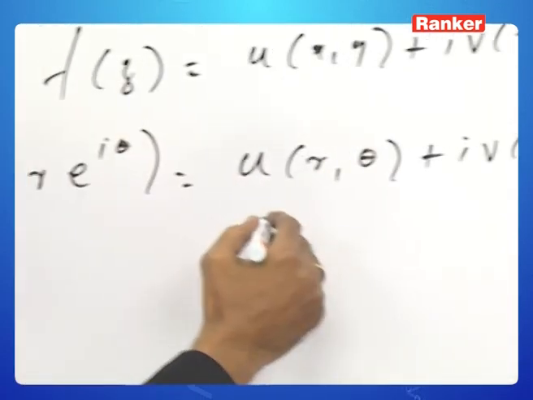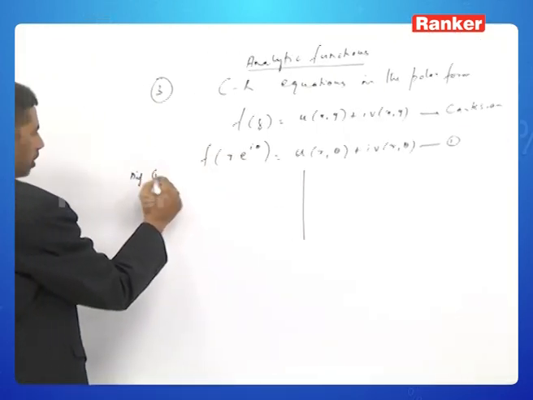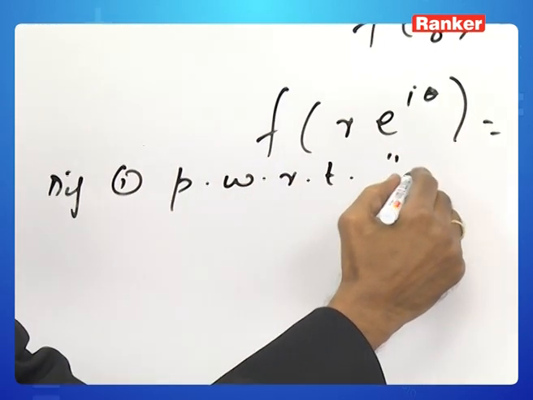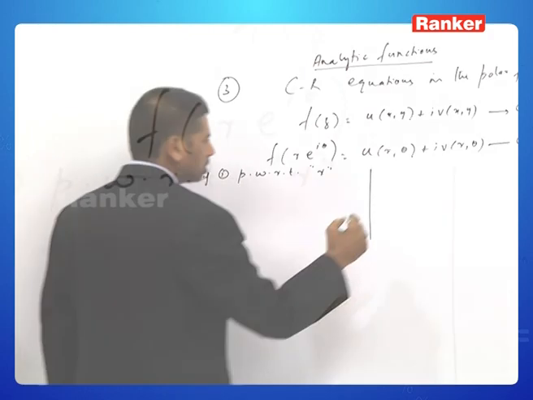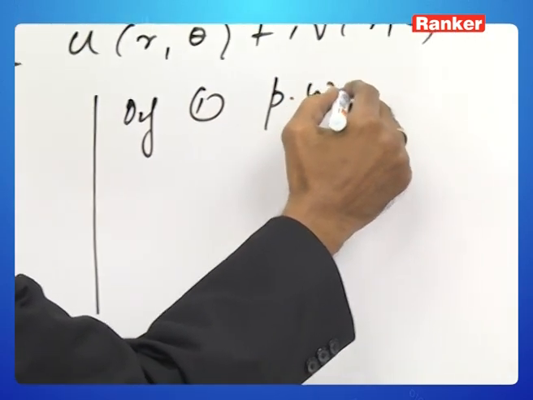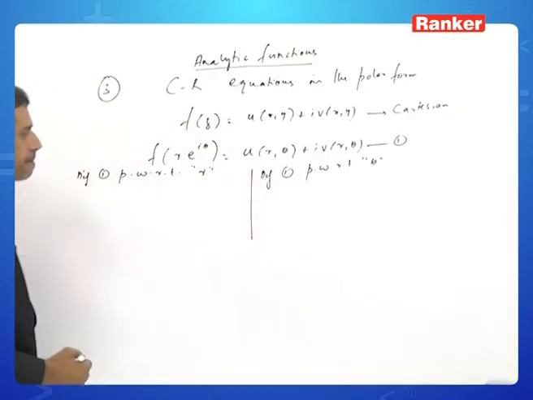Now what we do is, we differentiate 1 partially with respect to r in the first case, and differentiate 1 partially with respect to theta in the second case.